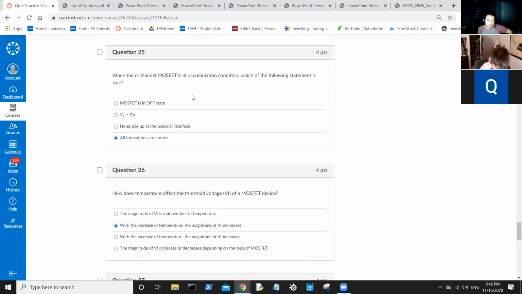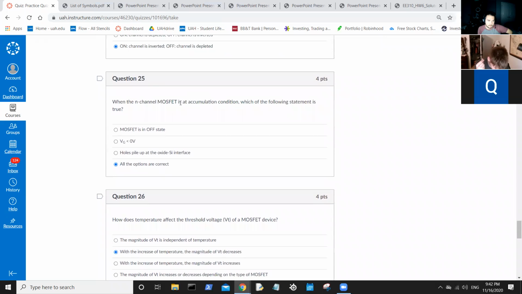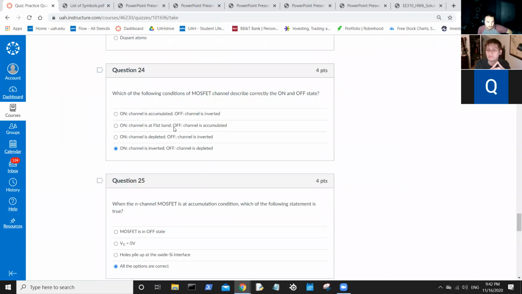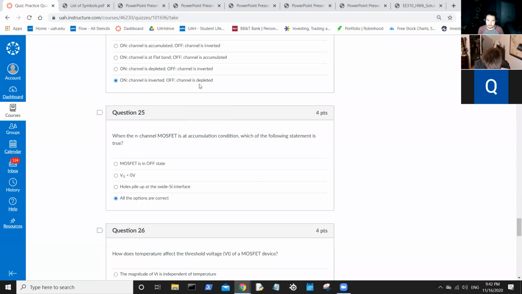So if accumulation condition is off, you see, that's why these questions sketch me out. Because look, in the off channel is accumulated, right? Therefore, if you know that accumulation condition is off, then this would be correct. But we'll leave it as is, because I think depletion.